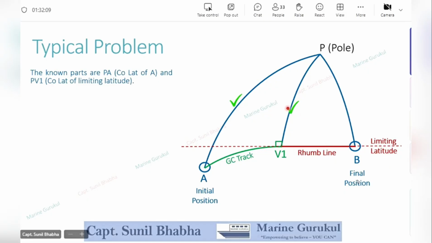So with these two parts known to us, PA and PV1, we enter into Napier's rule and we first calculate angle P of this triangle, that is angle A P V1. This angle is the d long between Alpha and V1. If we apply this d long to the longitude of our initial position, we will get the longitude of V1 or the longitude of the vertex.